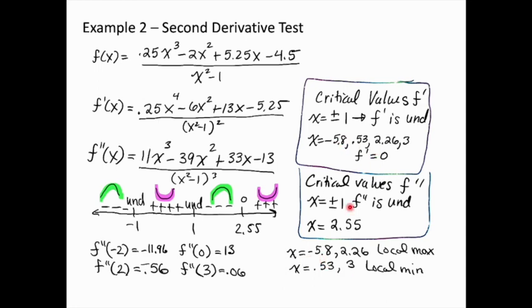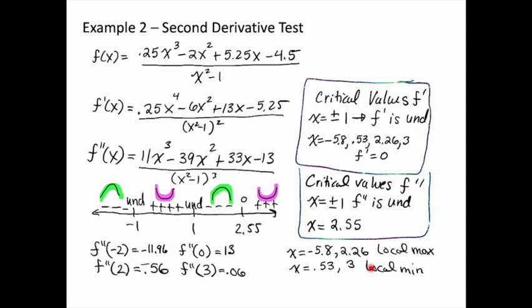Looking at the critical values -5.8 and 2.26, those are on intervals that are concave down, so those are going to be local maxes. Then for 0.53 and 3, those fall on intervals that are concave up, so that means it's going to be a local min. It's going to be the bottom of a valley.